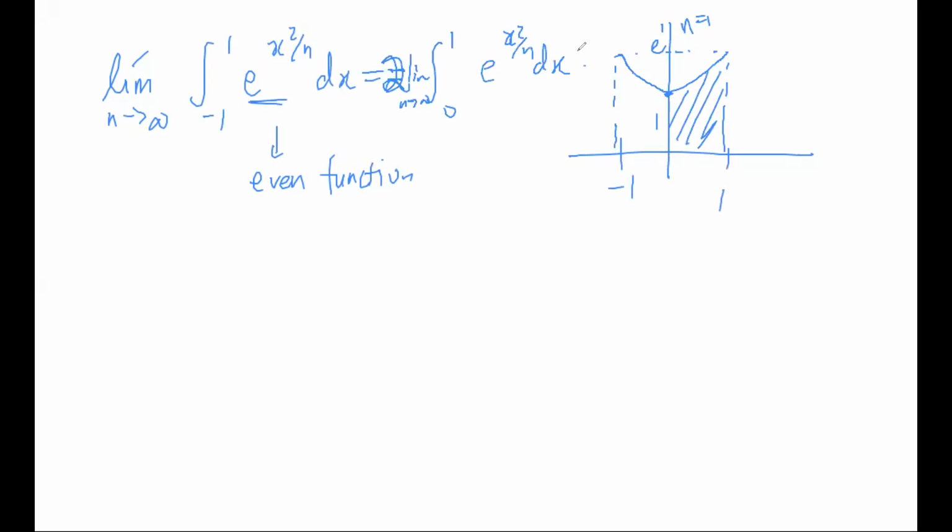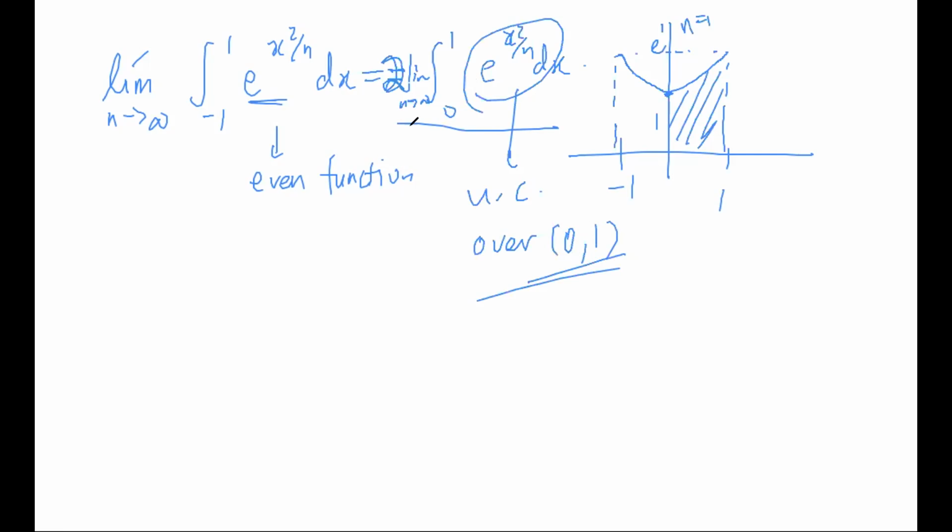You can simplify the problem like this. Then you basically want to show that this is uniformly convergent over 0 to 1. Instead of showing uniform convergence over -1 to 1, it's okay to just argue that it's uniformly convergent over 0 to 1.